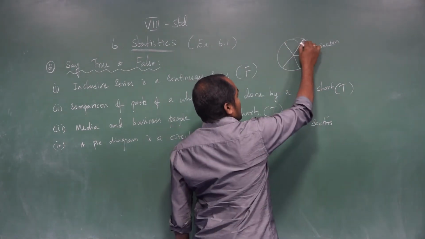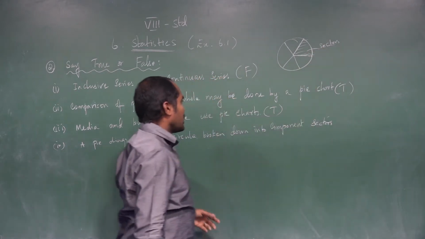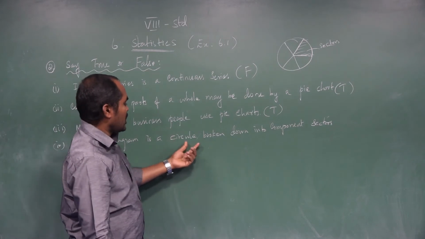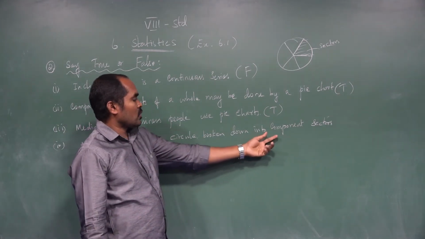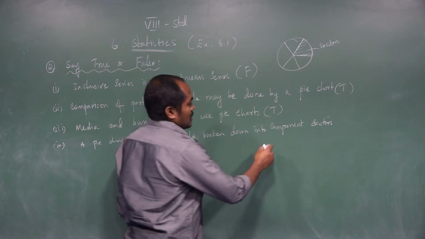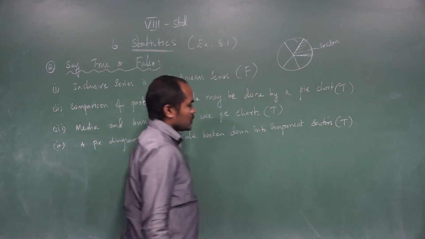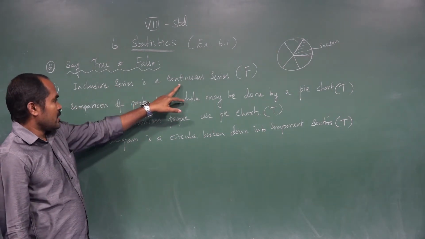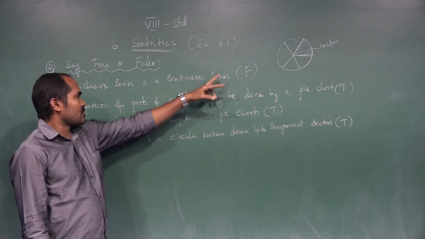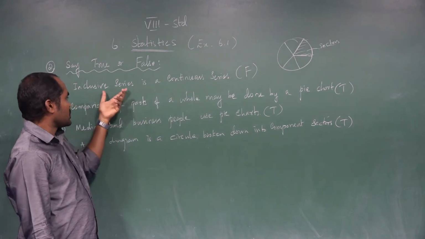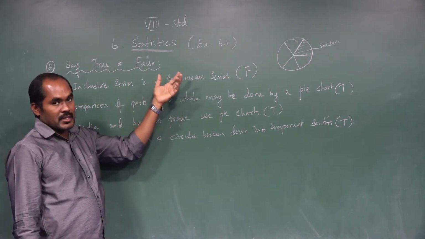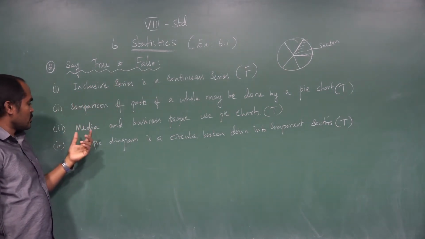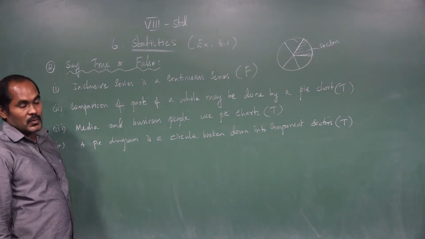So the given statement is true. The first one, inclusive series is a continuous series, is a false statement because inclusive series is discontinuous series. So first false, second true, third and fourth true.